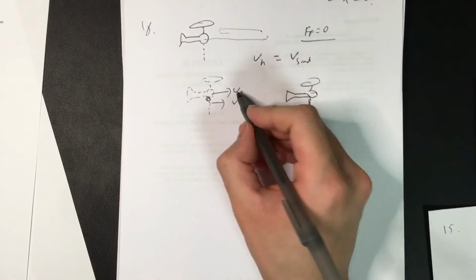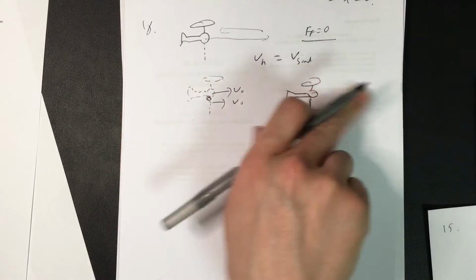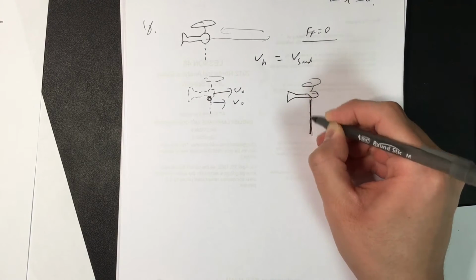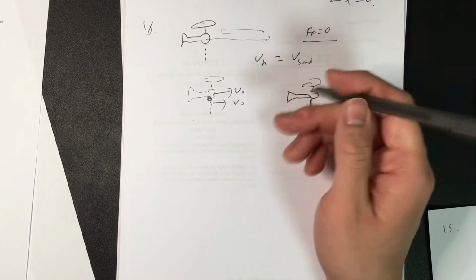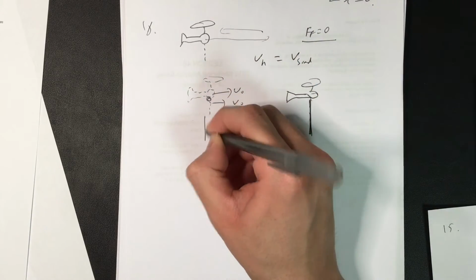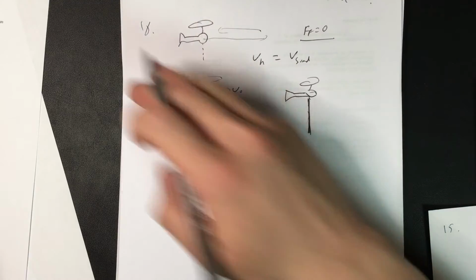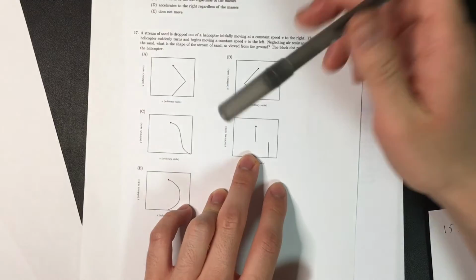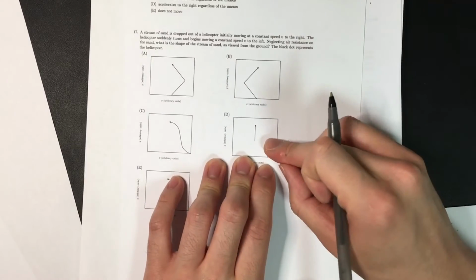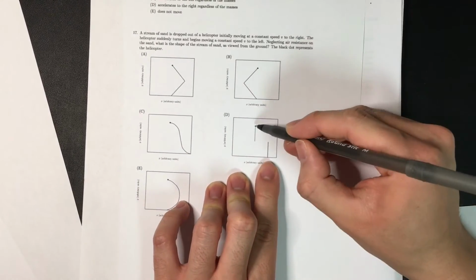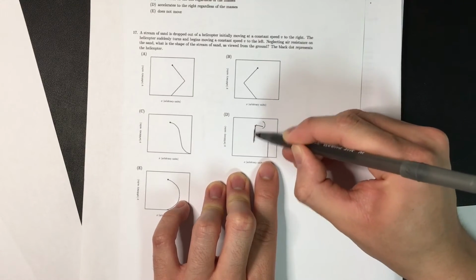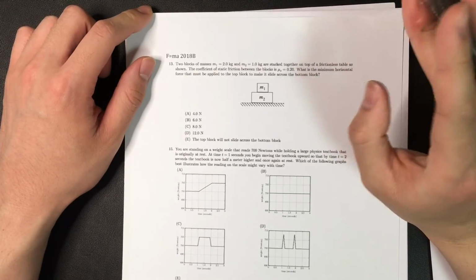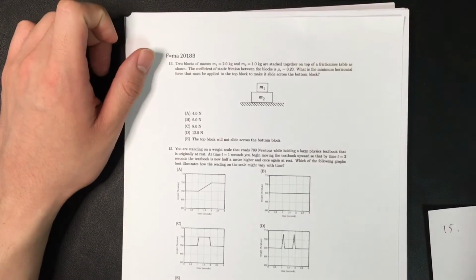Which means if this moves back and forth, when this moves forward, then the stream of sand would be perpendicular to the helicopter, and when this switches direction, there's going to be another stream of sand that is parallel to the helicopter's direction. And looking at the answer choices, it looks like D matches my answer, since this initial stream of sand is from the helicopter moving to the right, and this stream of sand is from the helicopter moving to the left. The next question is from 2018B, question 13.